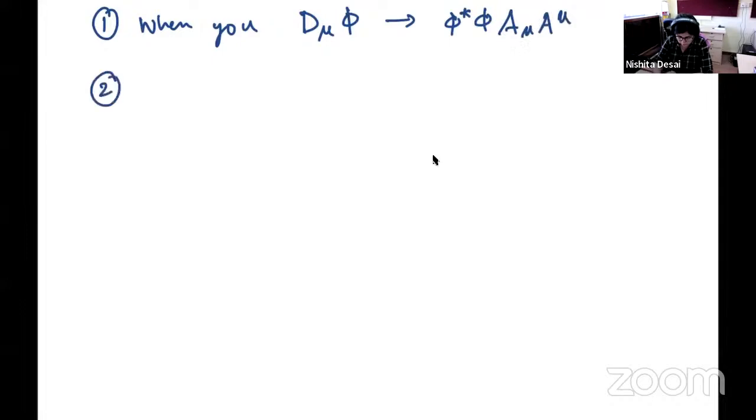So this was one component. The second component we looked at was essentially how to write your Lagrangians for vector fields.